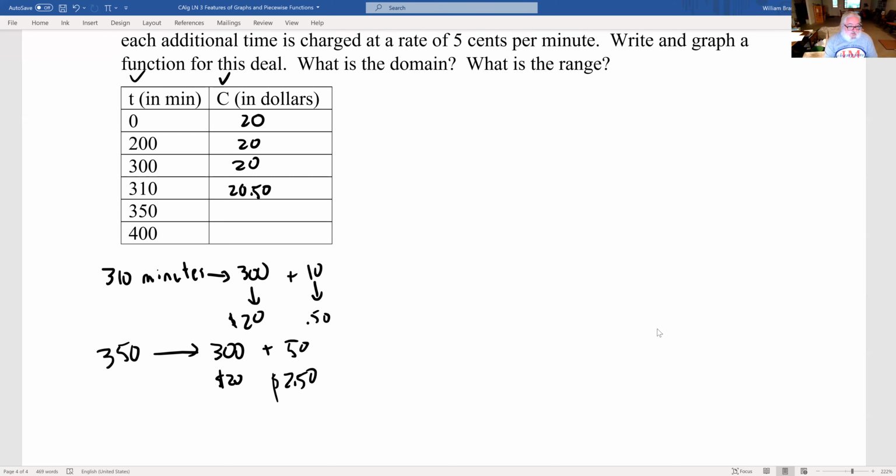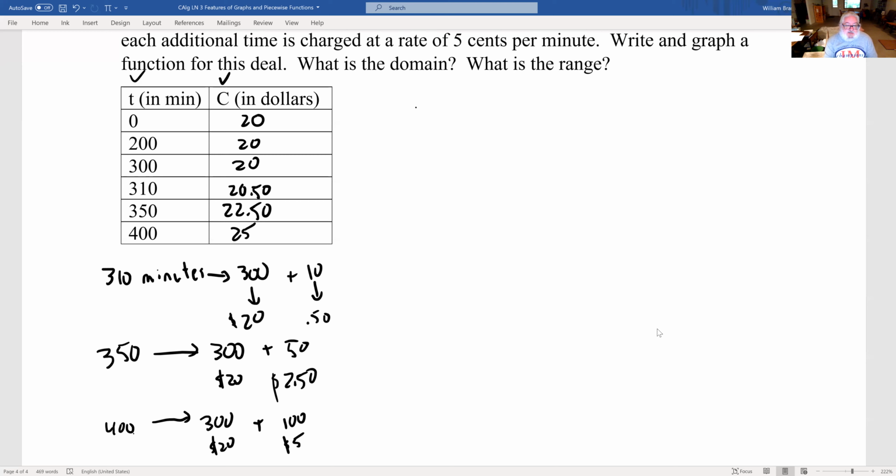So that costs you $22.50. 400 minutes: 300 minutes at $20 plus 100 minutes, that's your whole 400, at 5 cents a minute. And so 100 times 5 cents a minute is $5. So that'll cost you $25.